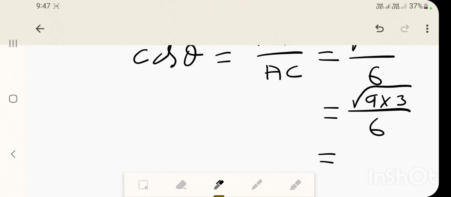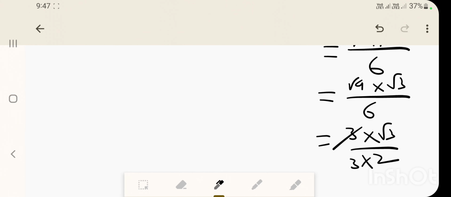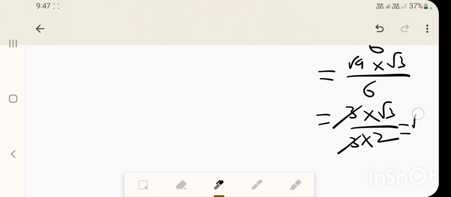So we can take it as root 9 into root 3 divided by 6. We know that root 9 is 3, so 3 into root 3 divided by 2 into 3, 3 into 2 is 6. So numerator 3 and denominator 3 will get cancelled, and we get root 3 by 2.